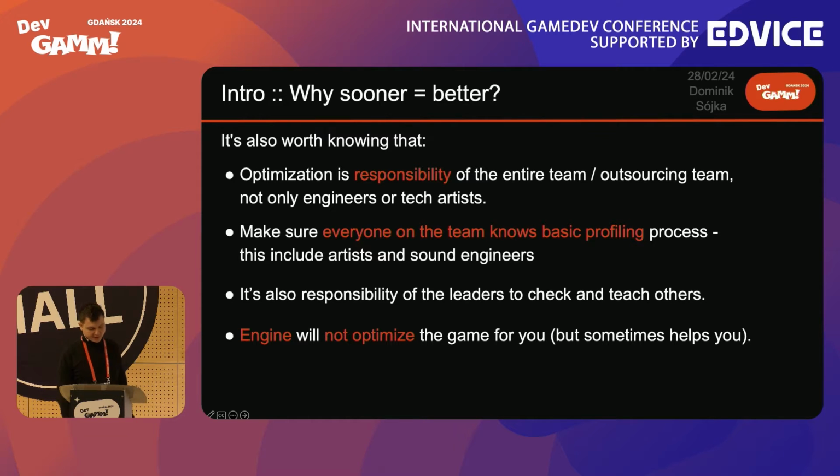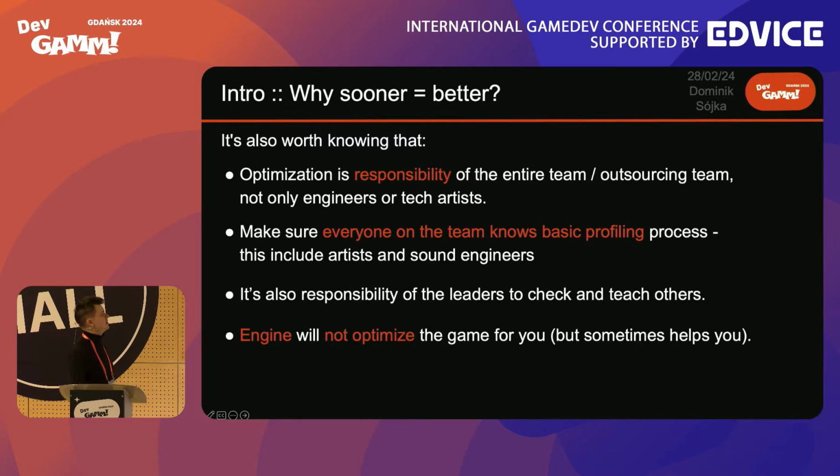What is also worth knowing is that it's very important for the team to know that there is a shared responsibility, and to make sure that everyone in the team knows the basic profiling process. It's not only the technical artists and engineers, but also artists and sound engineers.